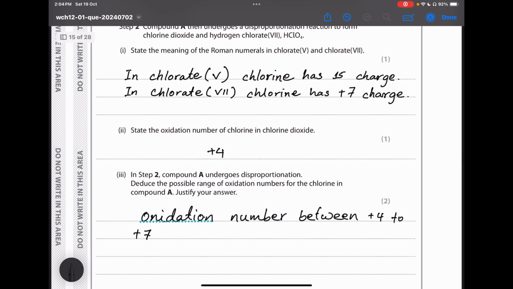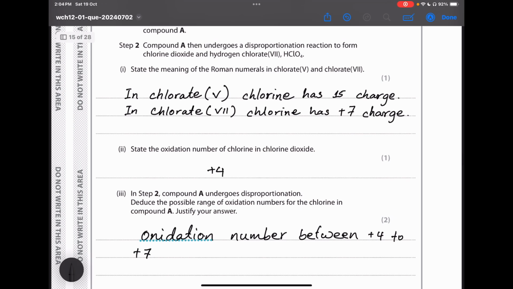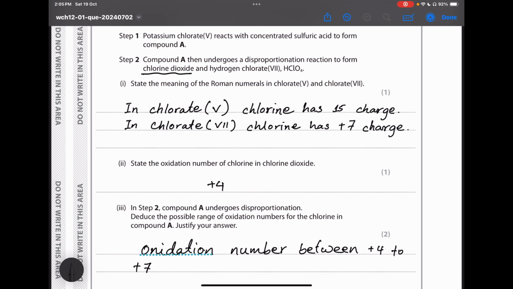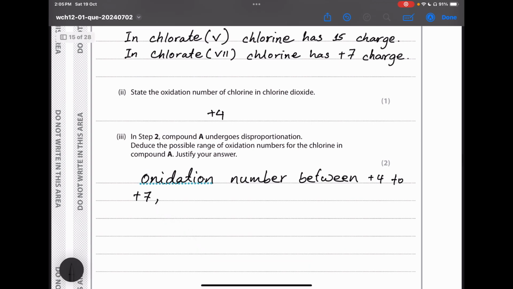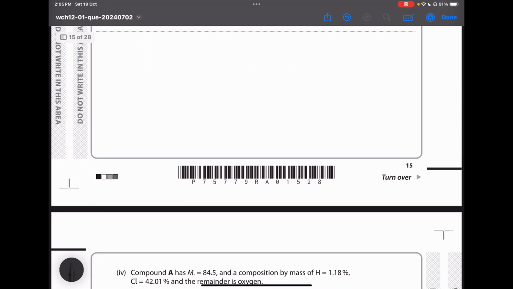Why? Because we're talking about chlorine dioxide and chlorate(VII). And in chlorine dioxide, the oxidation number is +4. So the answer has to be between +4 to +7. So likely the value will be +5 or +6, right? Within that.